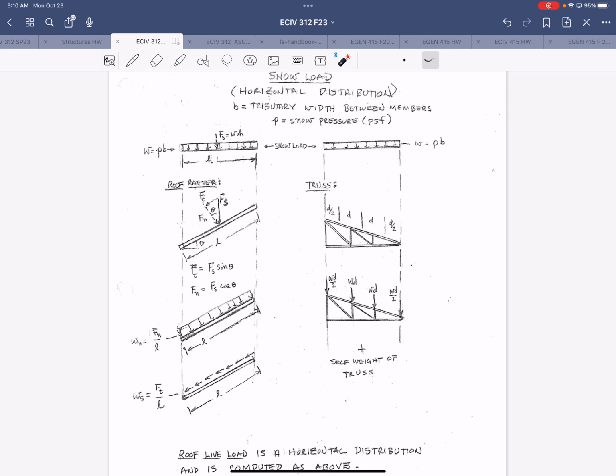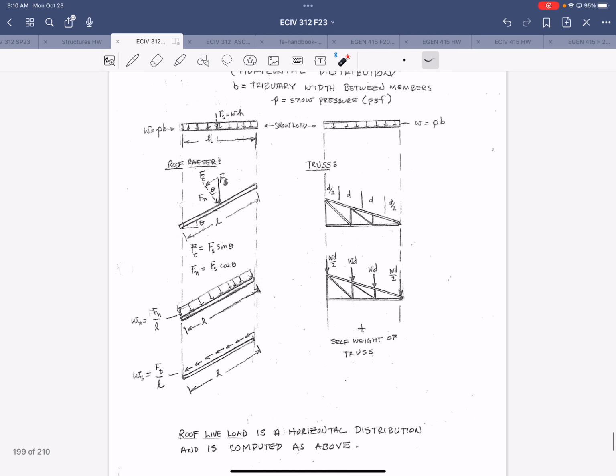We want the transverse component of the snow load, because that's what determines the internal shear and moment, so that's what affects the beam behavior. And then there will also be an axial component, the component of the snow load that's parallel to the joist. That's something you also need to consider in the design.